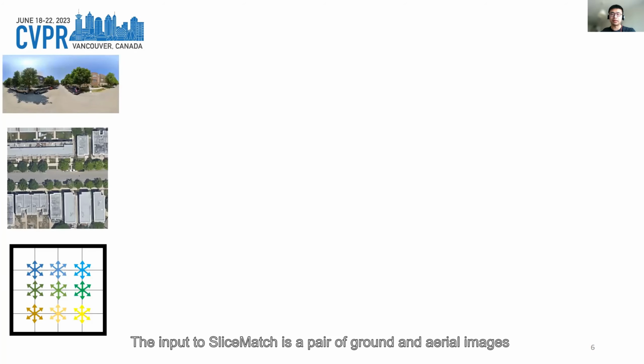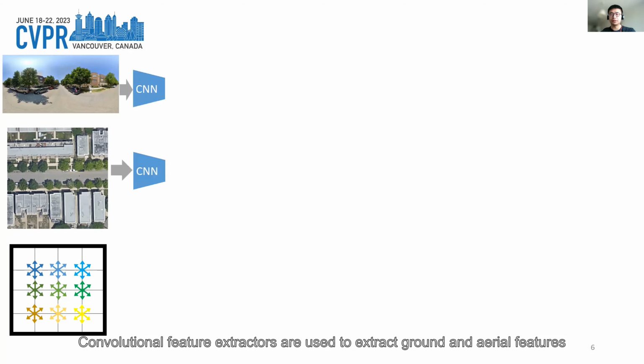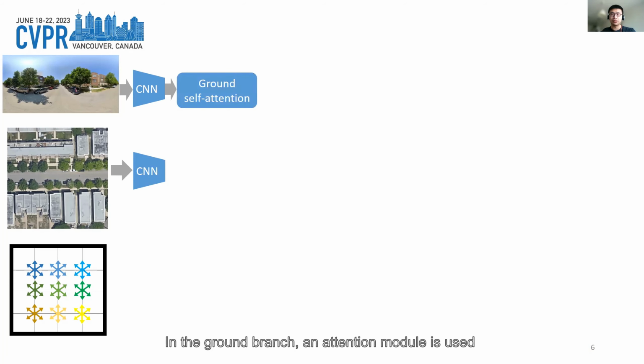The input to SliceMatch is a pair of ground and aerial images together with a set of candidate camera poses. Convolutional feature extractors are used to extract ground and aerial features. In the ground branch, an attention module is used to reweight the feature at each spatial location.